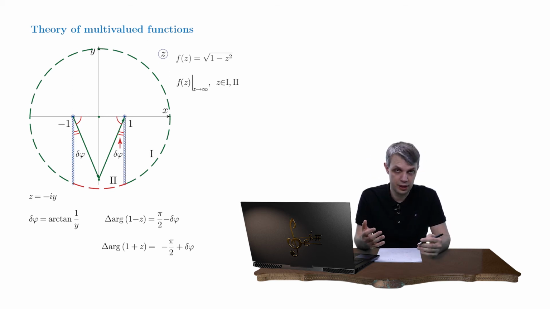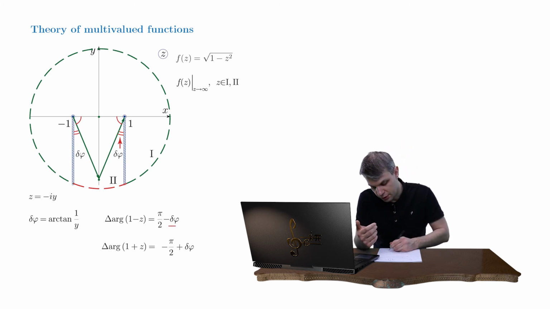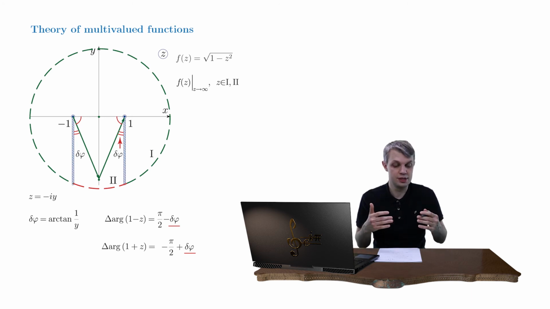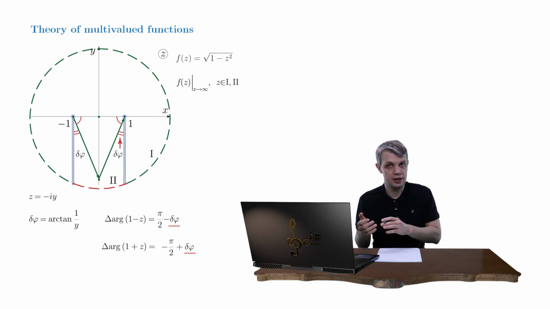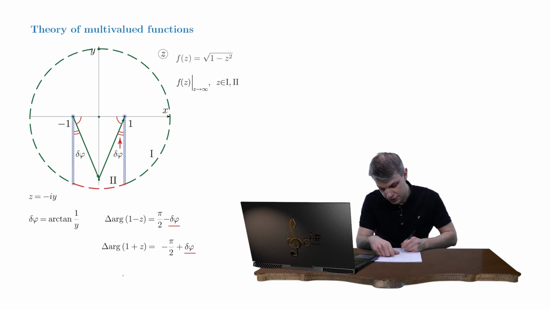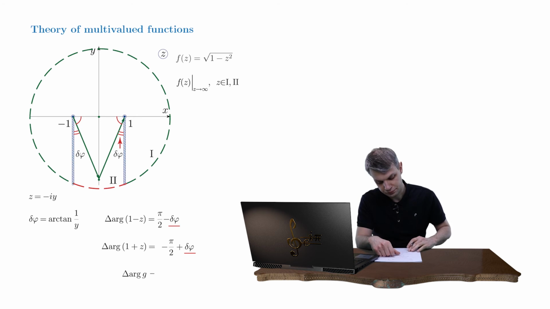Fortunately for us, when we determine the change of the argument of the g function, these two small angles delta phi disappear from the answer. But in some situations, for example if you had the ratio of 1 minus z and 1 plus z, these changes would actually add up and contribute to the answer. We would need to be extremely careful because an additional factor 1 over z would come from this delta phi angle. But in this situation, the delta argument of g is simply 0.